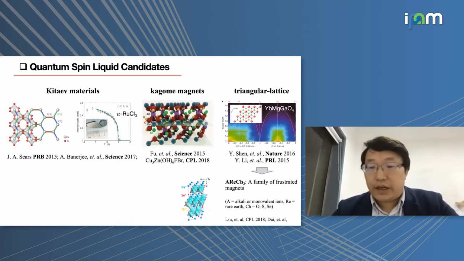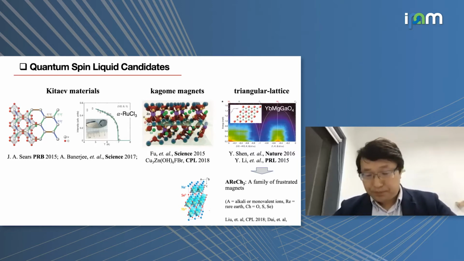But recently, there has been some progress: people synthesized a family of frustrated triangular lattice magnets. The A stands for alkali ions, and Re is the rare earth element. Ch could be oxygen, sulfur, or selenium. It is free of site mixing and very promising to find maybe quantum spin liquids.